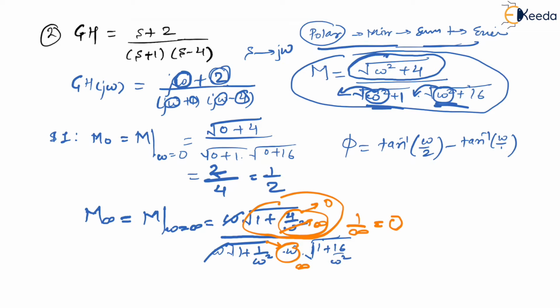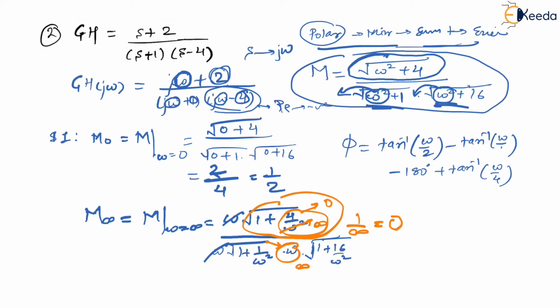Minus, so tan inverse of omega, right? It is not omega by 4, it is tan inverse of omega, plus minus 180 degrees plus tan inverse of omega by 4, right? Why? Because if you see this particular one, real part is negative.